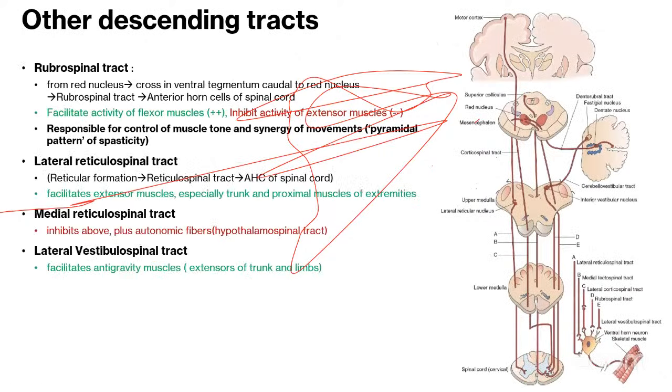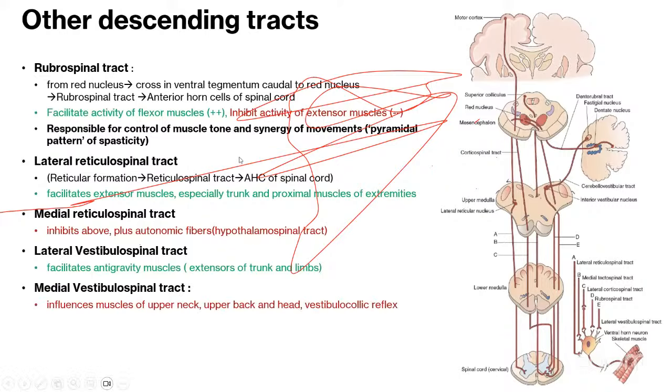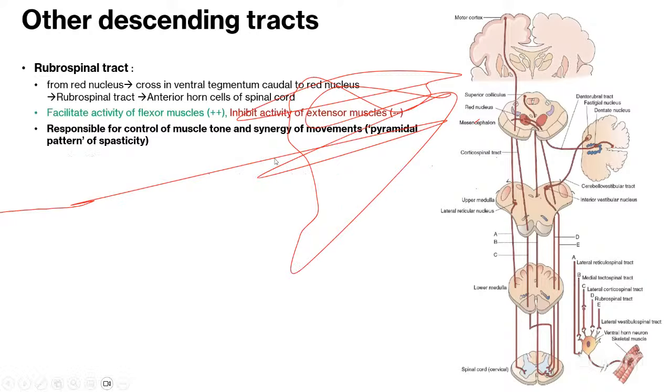Just going into the other descending fibers, we have the rubrospinal tract. This is the rubrospinal tract, which originates in the red nucleus. From the red nucleus, they cross in the ventral tegmentum, caudal to the red nucleus.